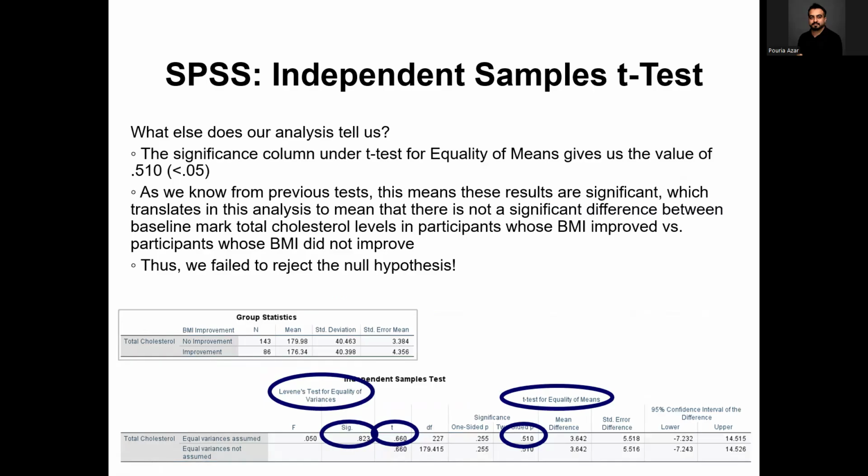The significance column under the t-test for equality of means gives us the value of 0.510, which is again way above 0.05. So these results are not significant. I would say there is not a significant difference between baseline total cholesterol levels in participants whose BMI improved versus participants whose BMI did not improve.